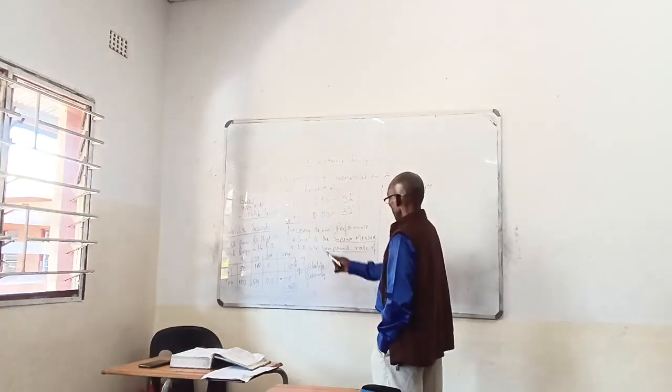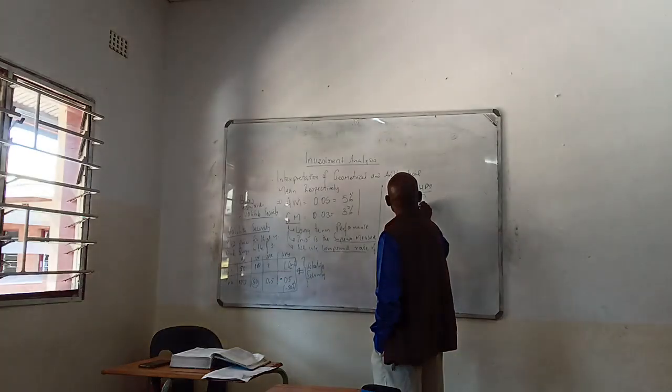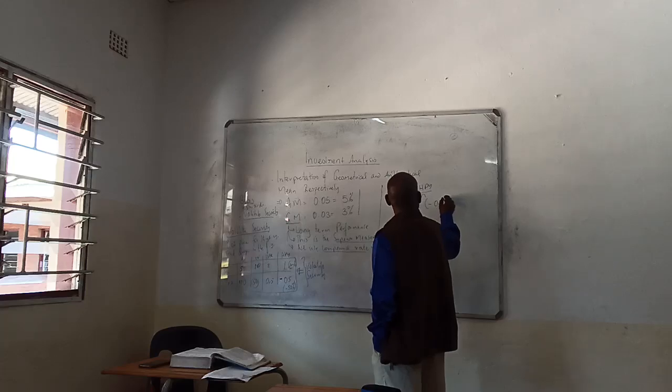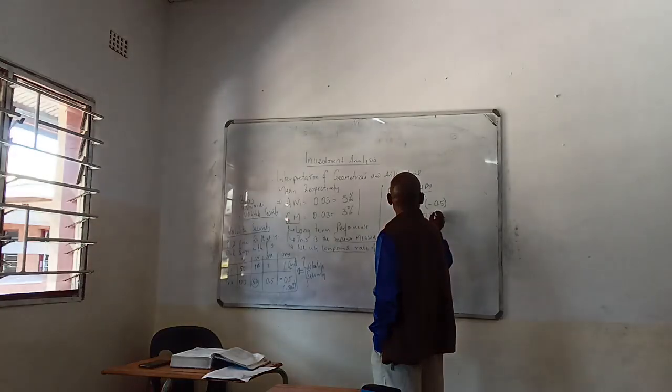HPY 1 plus 1 plus minus 0.5. So this is 1 minus 0.5, which gives you 0.5.